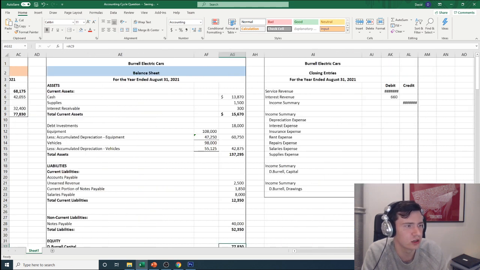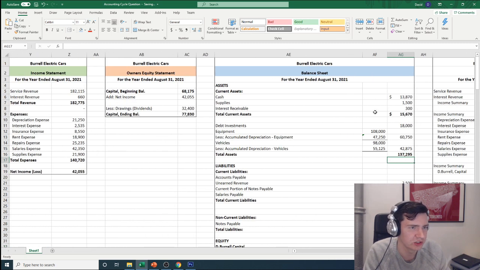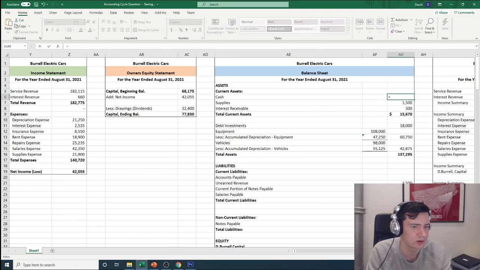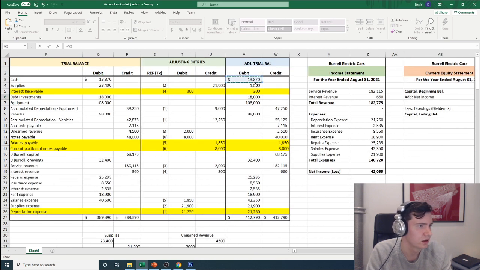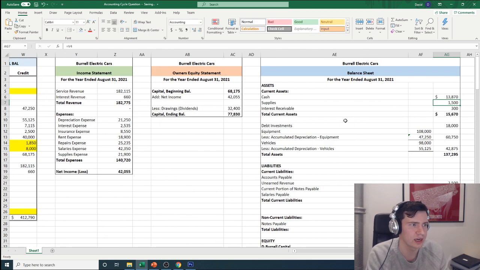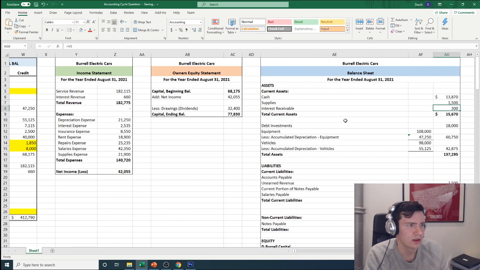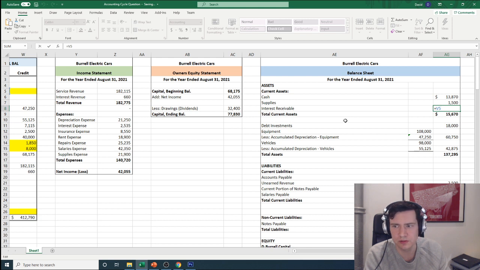And then we're going to list all of our assets, liabilities, and equity. So let's just double check that we have all of these reported correctly. So I just want to reference each of them. 13,870 for cash. Supplies is 1,500. Yeah, that's correct. Interest receivable.